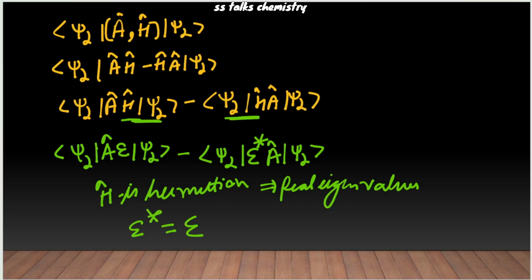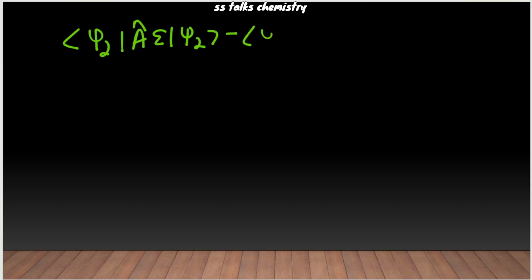So again impose this condition now. It will become psi2, the operator A into E into psi2, minus psi2 into the energy, which was E star, it will become E only, into the operator A and psi2 as it is, right.